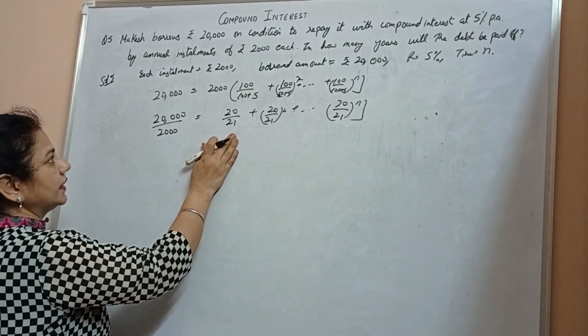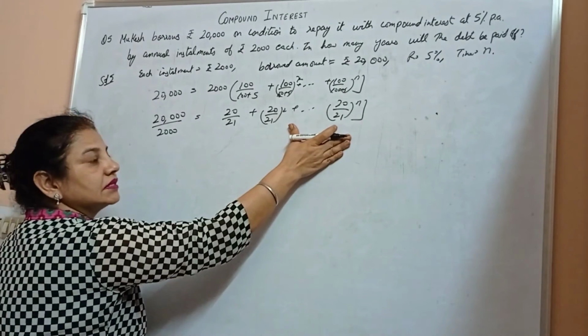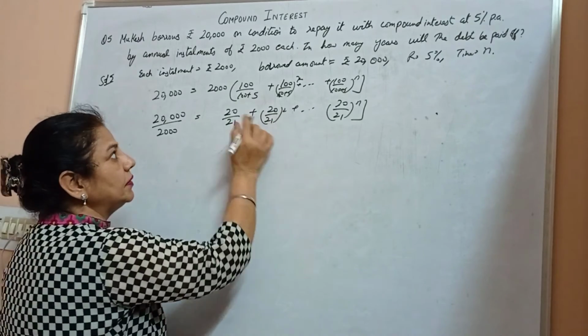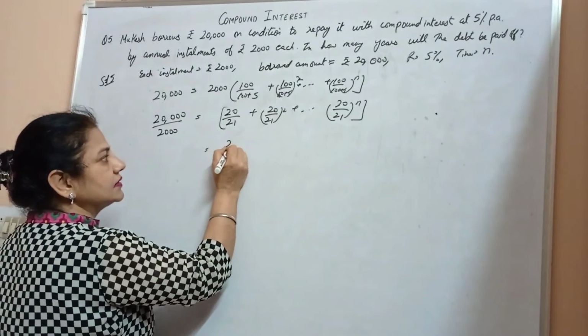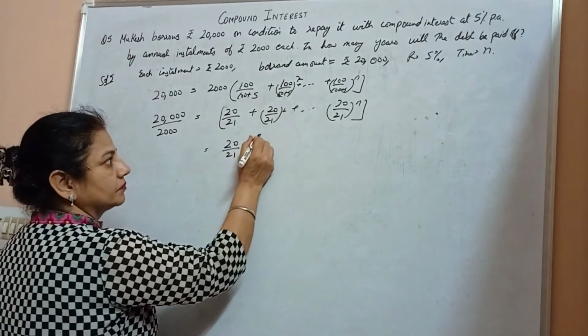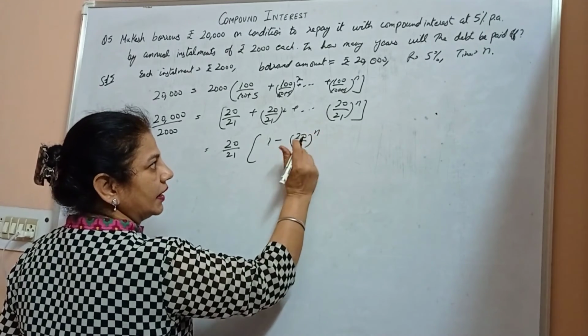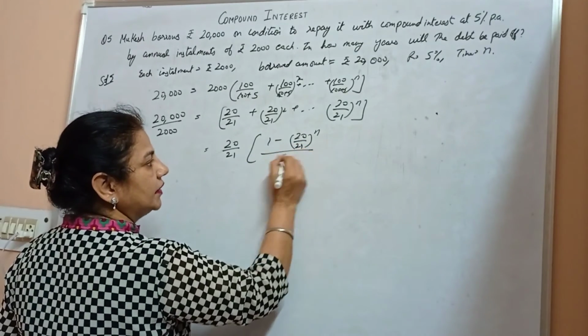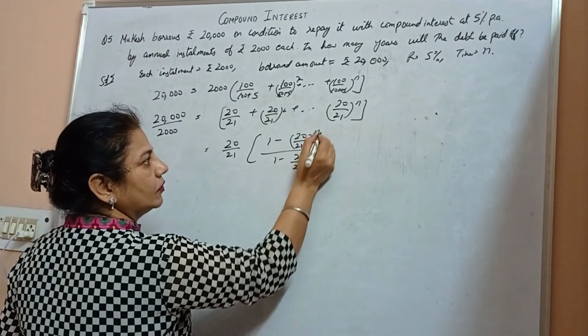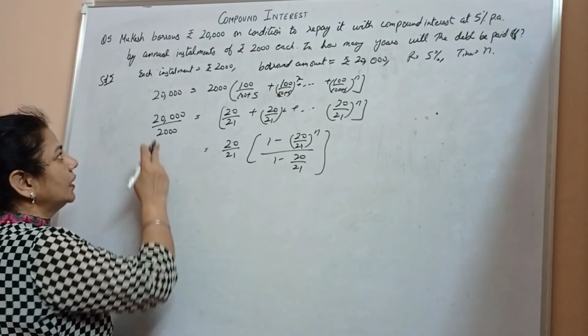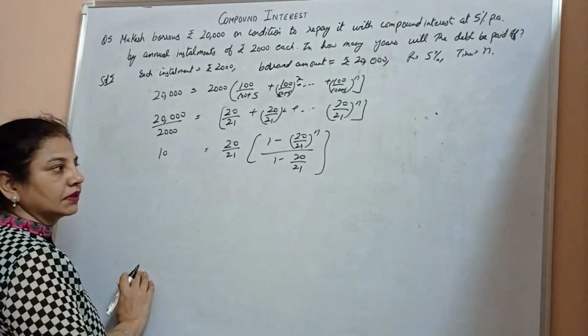Again this is in GP. So the sum of GP is given as first term times 1 minus the common ratio 20 upon 21 to the power n, divided by 1 minus 20 upon 21.